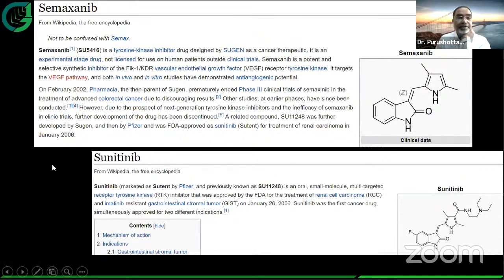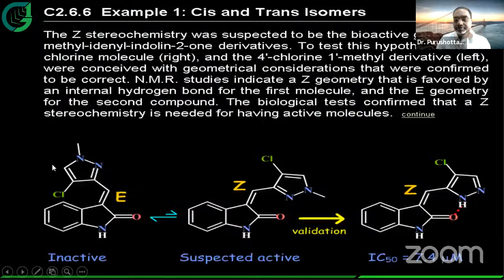So in the next slide, you will see that the inactive molecule is shown on your left-hand side, which is in the E configuration, and the molecule that is suspected to be active was in the Z configuration.